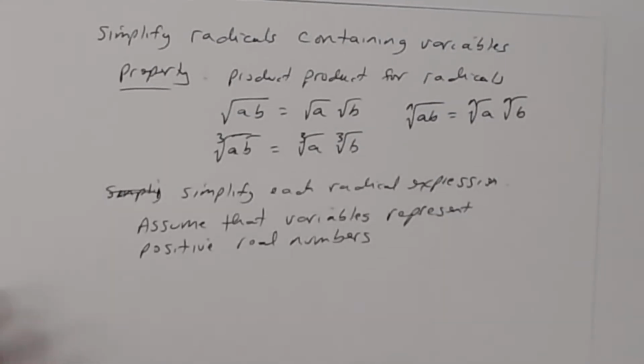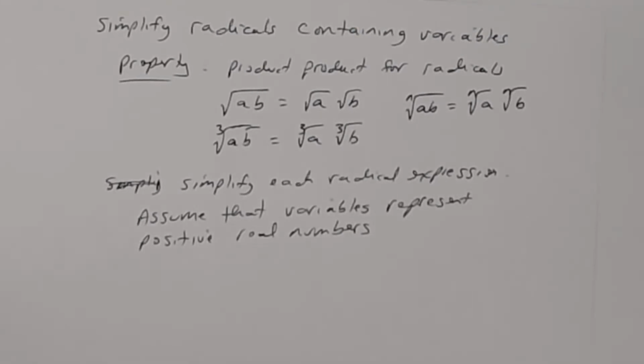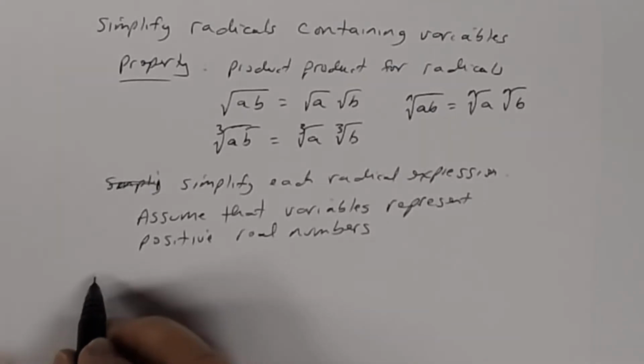There is a topic you will see discussed at some point in which, when you take the square root of a variable expression, you may have to introduce absolute value. We don't want to talk about that idea here, so we assume the variables represent positive real numbers, and we don't have to deal with absolute value expressions.